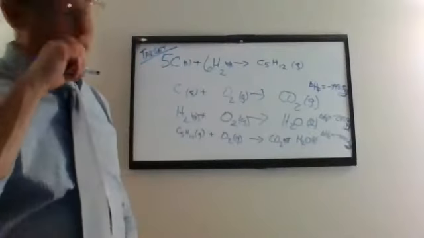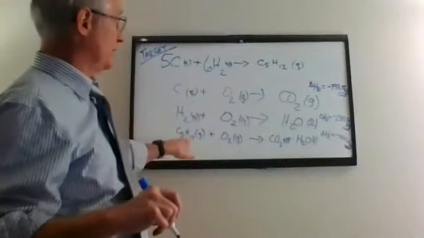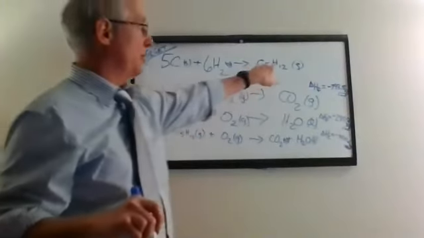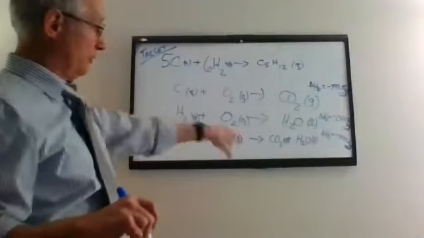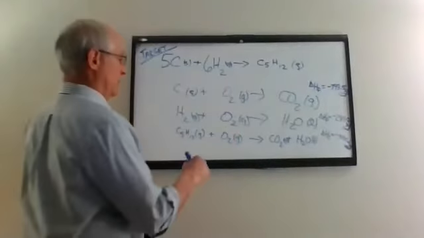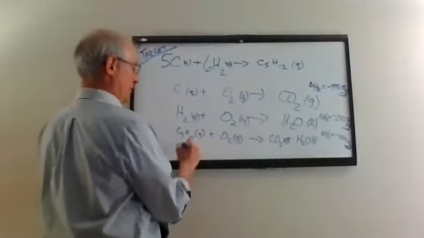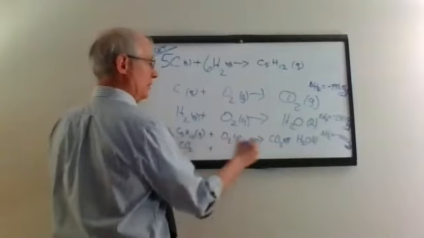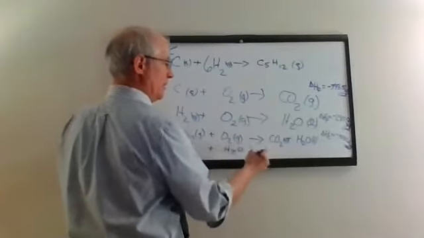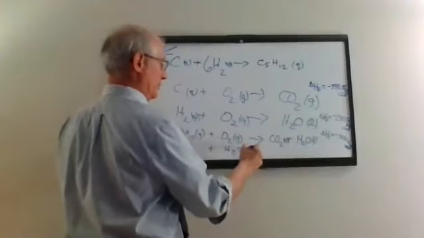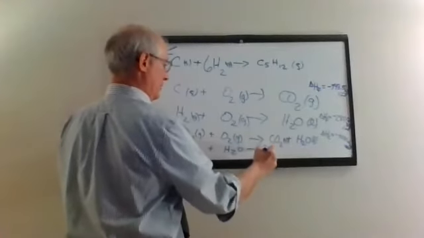Okay. Now, is pentane on the correct side of the equation? If we want it to be on this side of the equation to make it like the target equation, we better flip that whole thing. So let's flip it and put carbon dioxide over here. And I'm not even going to write the state of matter because I don't want to complicate things right now.